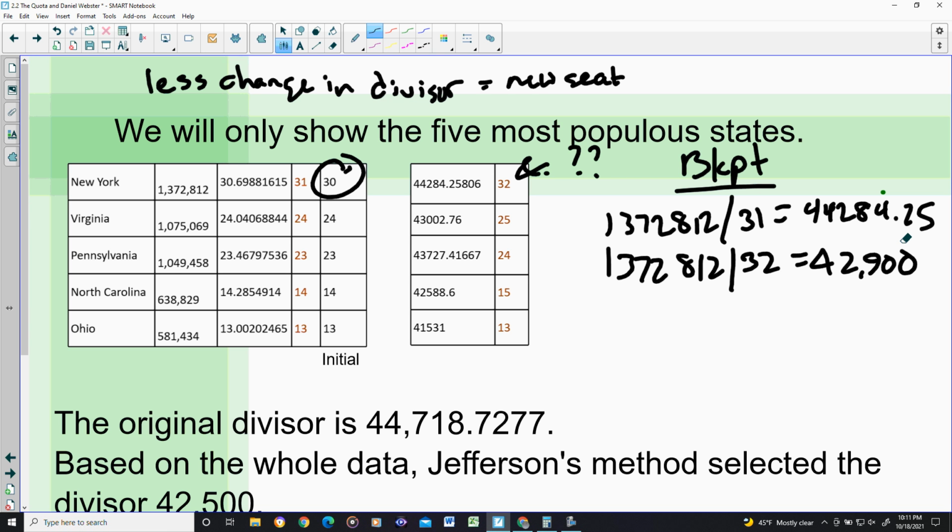And therefore, you can prove it by dividing the population by 42,500, and you'll get over 32. So, and you'll notice that at 42,900, North Carolina doesn't even hit its first breakpoint until 42.5. So these are so close together that New York picks up 2 before North Carolina can even pick up 1. That is a problem.